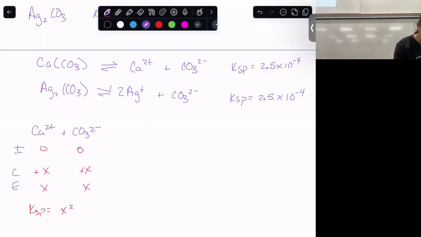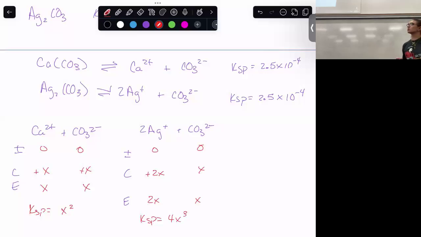However, for the silver, it would be plus 2X this time and X. So equilibrium is 2X and X, and now Ksp becomes 4X cubed.